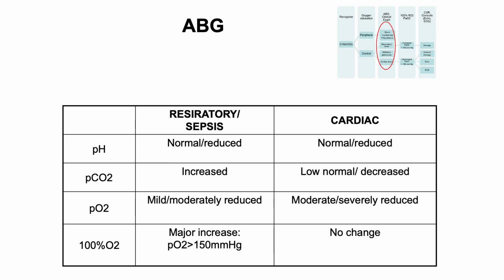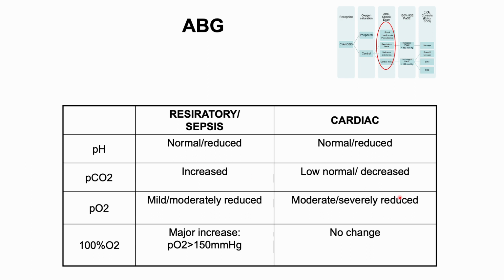You call for a blood gas, and based on your pH, your PCO2, your PO2, and finally the hyperoxygenation test that we'll talk about in a second, you can come up with some sort of a distinct pattern. Is this respiratory? Is this respiratory or sepsis related, or is this cardiac related?